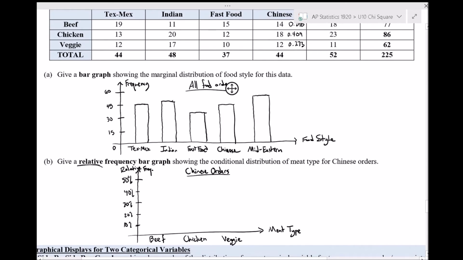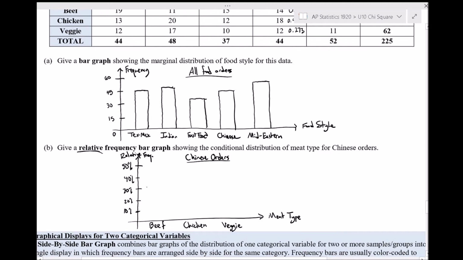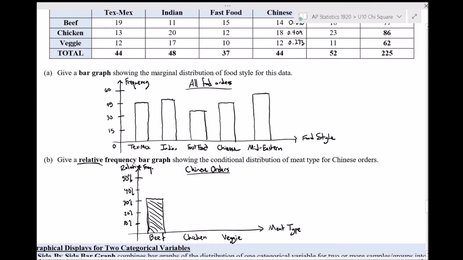Okay, so the first category, beef, 31.8%. So 31.8% is somewhere around here. And because I kind of botched that already, I'm just going to go ahead and shade that. Chicken, 40.9%. So that's a little higher than 40. Shade that in.